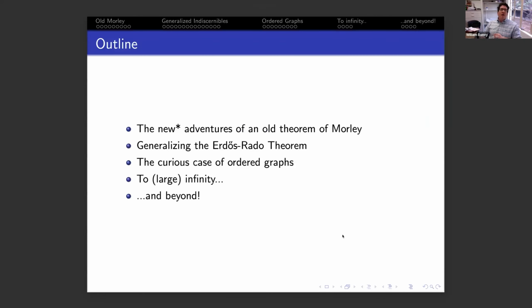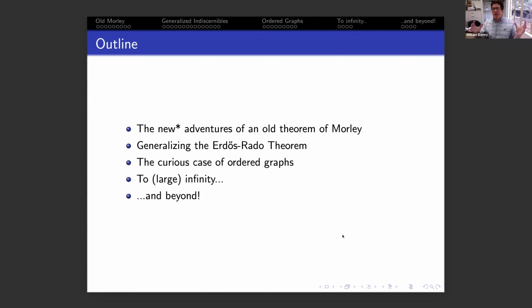So the quick outline, which I guess you can sort of see at the top as well, is we're going to motivate this with a new perspective on an old theorem of Morley. I put this asterisk on new because it's really from the 1980s, which isn't so new anymore.